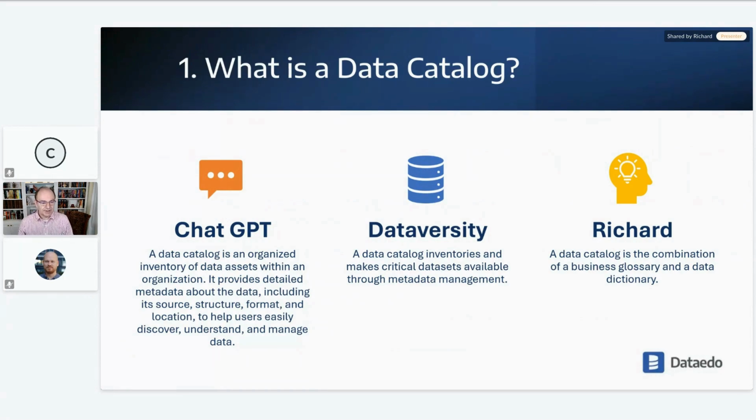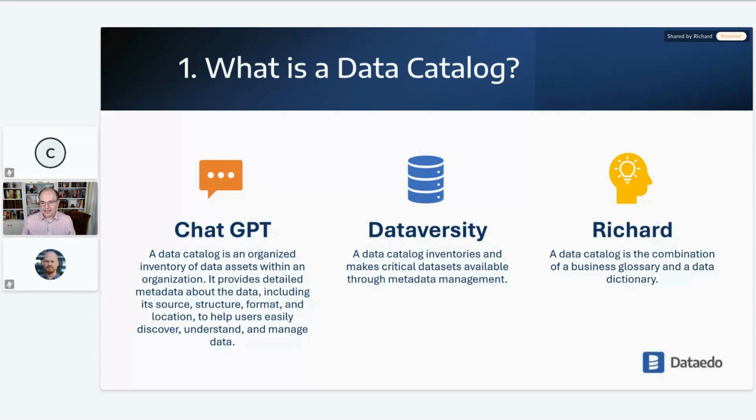I did take the liberty of talking to ChatGPT about data catalog, and there is what they said. It's basically the same thing as Dataversity with more words. There's a little more detail there, but in a nutshell, it's the same kind of idea that the data catalog inventories data assets and provides information, understanding about those data assets.